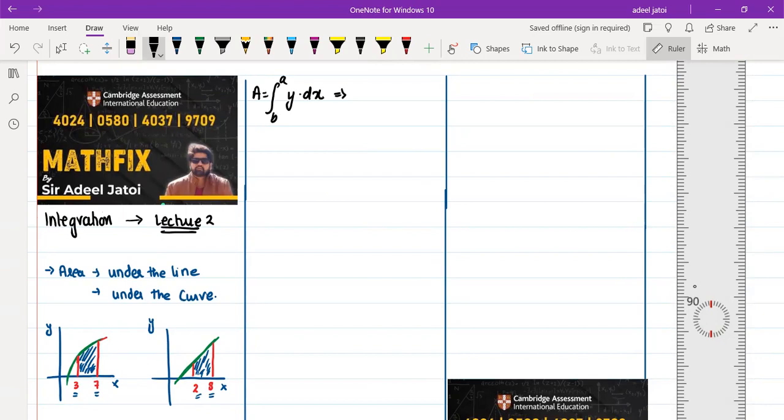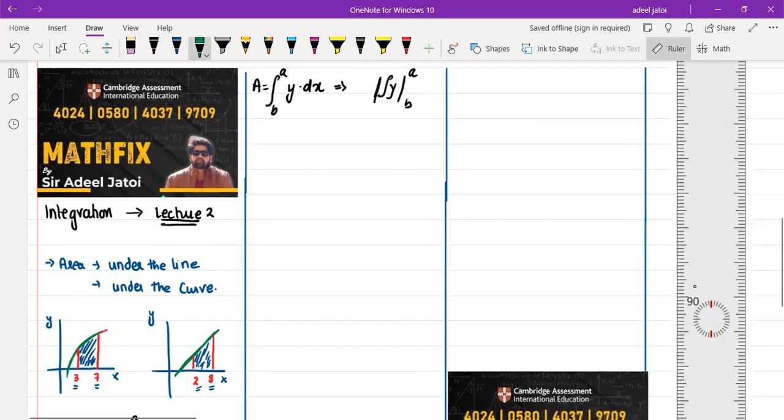When integrated, you will have the integration of y, and this will be used with the upper limit and lower limit. Then you will substitute your value a, and then your value b in the same integrated equation and subtract them from each other.